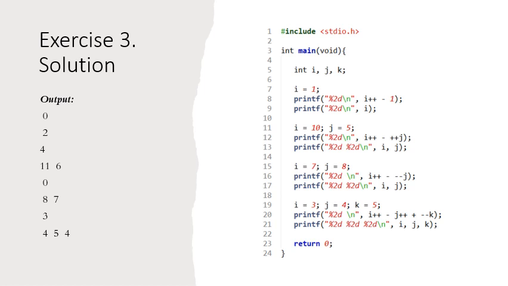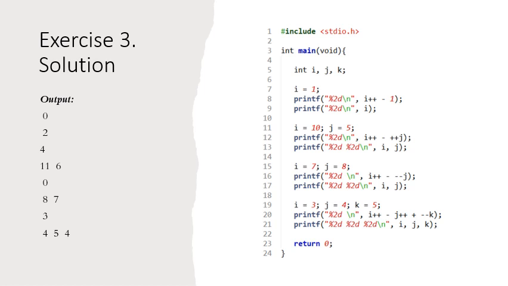So 3 minus 4 will be negative 1, plus negative 1 plus minus minus K. So negative 1 plus 4, that will be 3. So that's why we have 3 here, the second to the last.